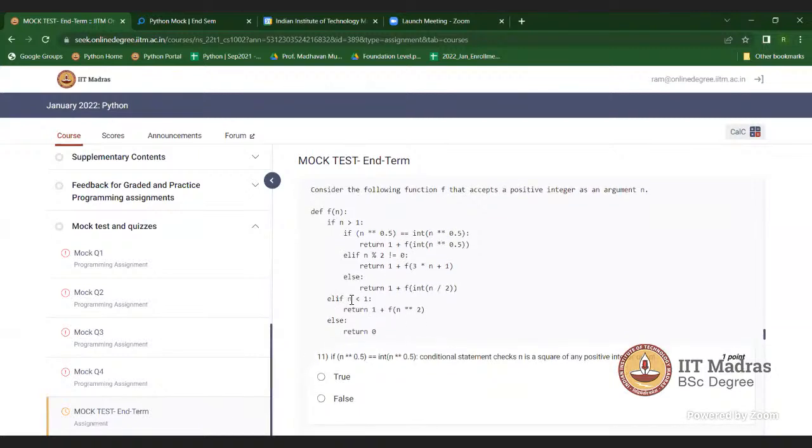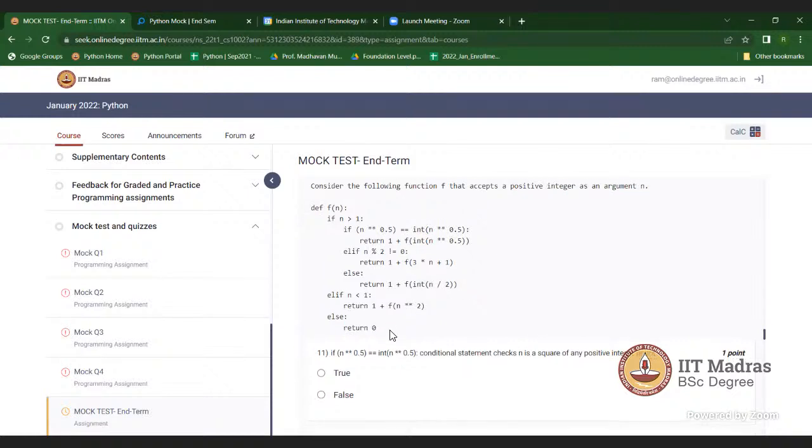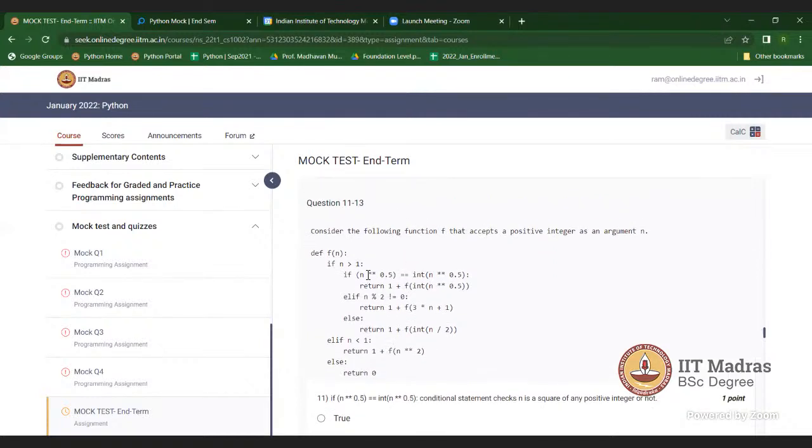And if n is less than 1. So what the first condition is basically checking is whether we have a perfect square root or not.